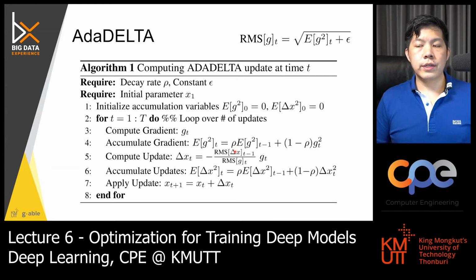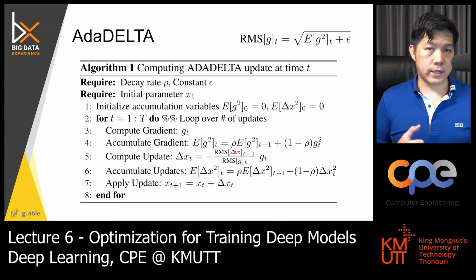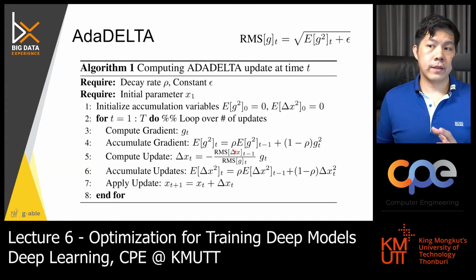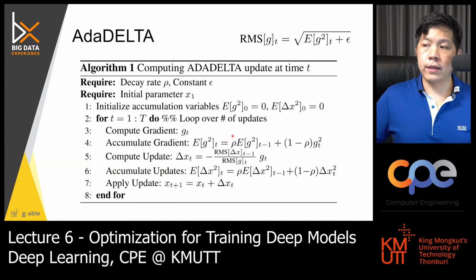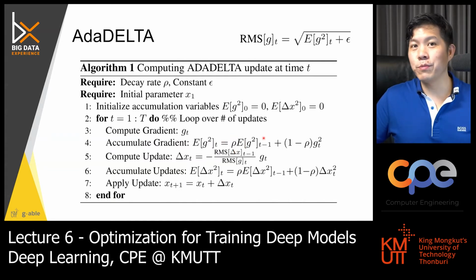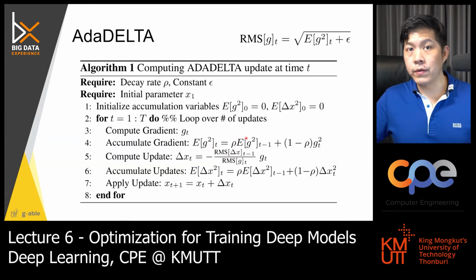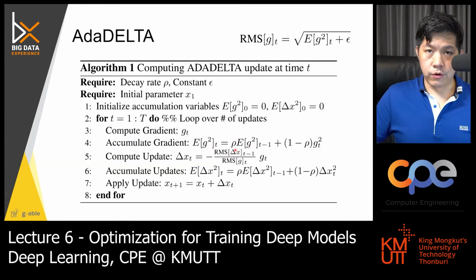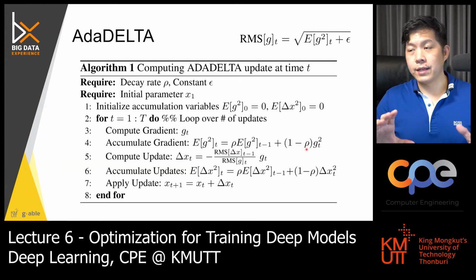So instead of accumulating the gradient from the beginning until the end, Adadelta works differently. Adadelta calculates the exponential smoothing, actually the expected value of the size of the gradient, which comes from the previous value times rho plus 1 minus rho times the new one.